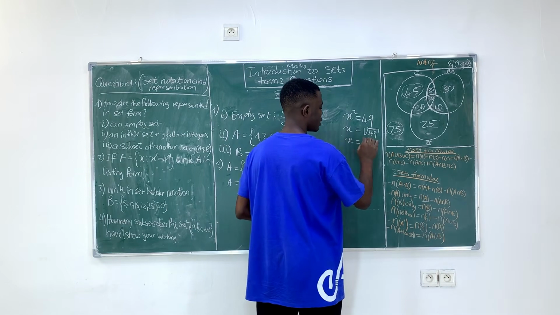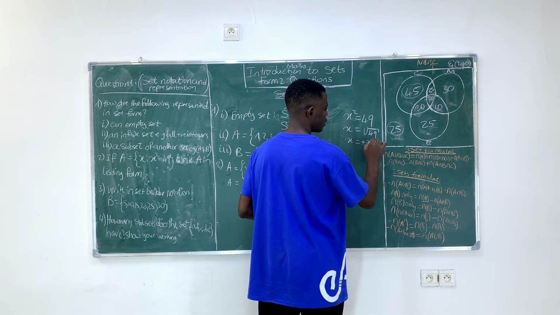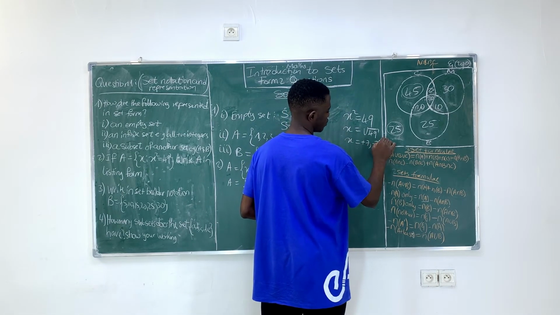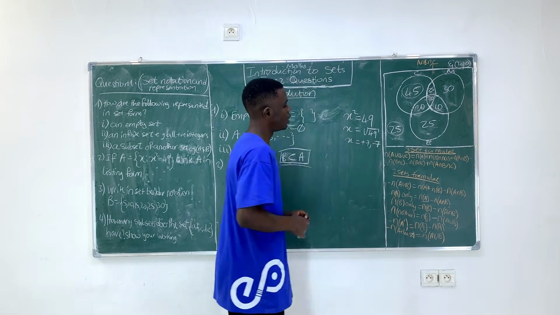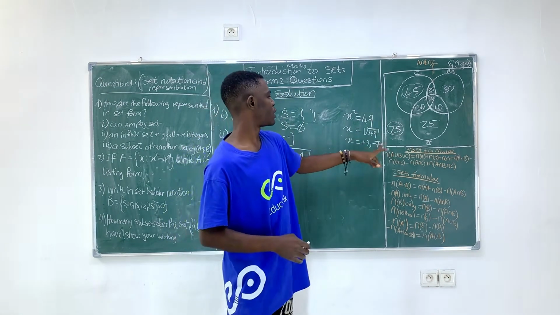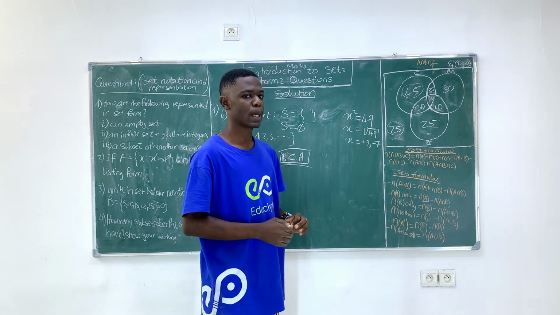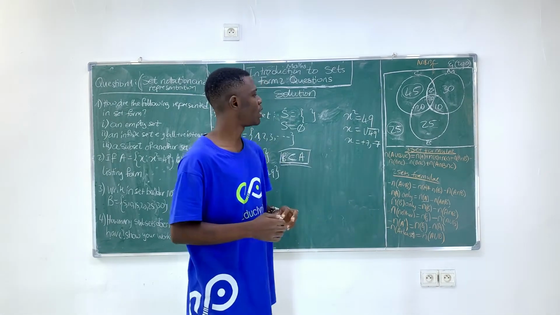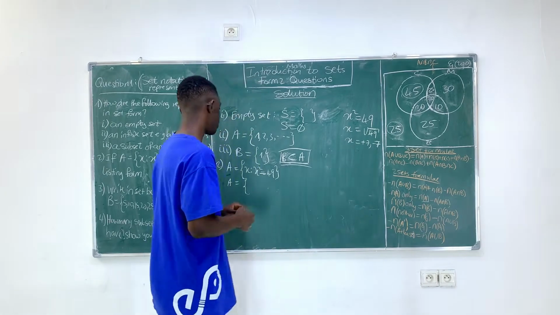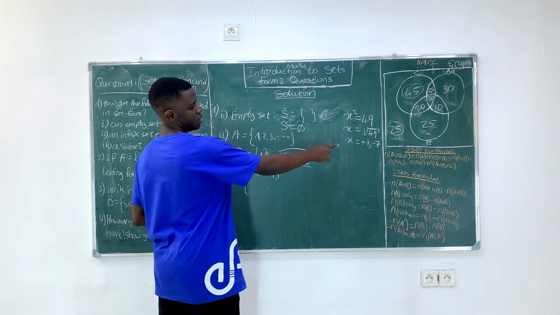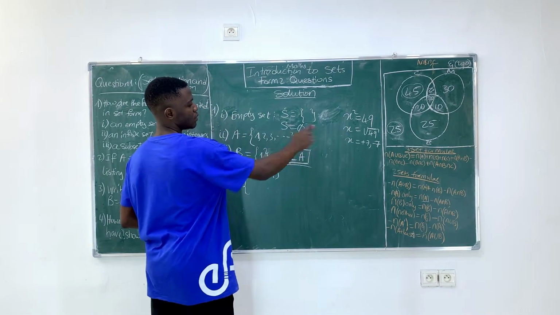X will be equal to either positive 7 or negative 7. If you square 7, you have 49. If you square negative 7, you have 49. So the two values are positive 7 and negative 7.